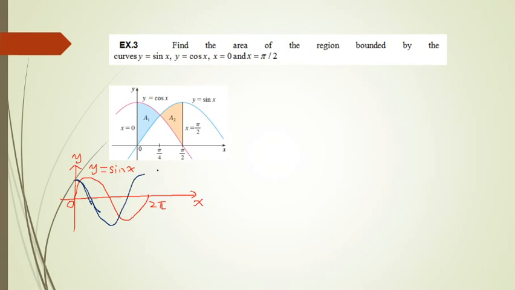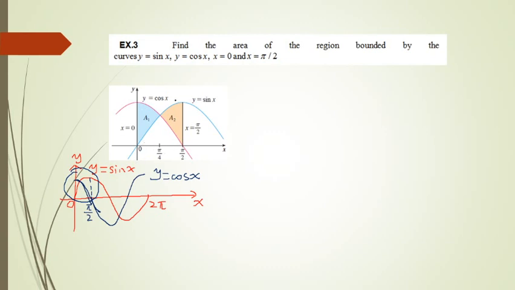So this one shows y equals cosine, right? And we only care about when x is from 0 to pi half. 0 to pi half will be this part, right? So we only take this part, and we zoom in on this part.